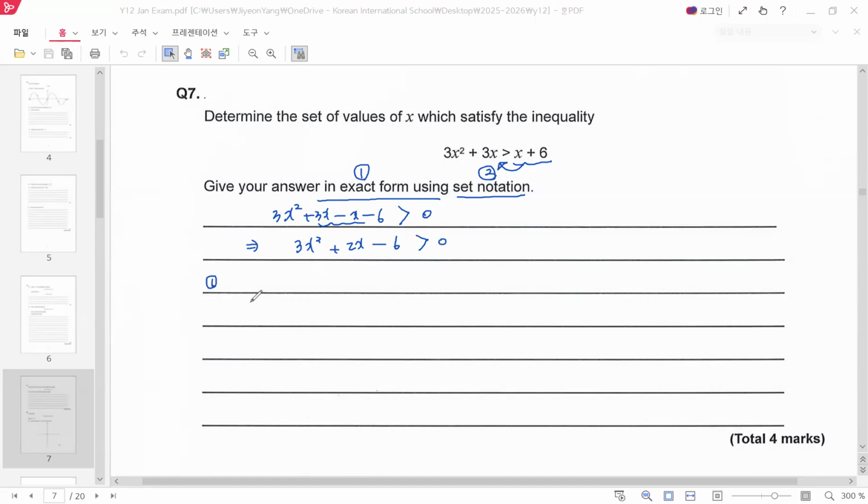Then firstly, you need to solve this equation, 3x squared plus 2x minus 6 equals 0. And by using your calculator, you can find the exact value of x as, what is that, plus minus square root, I think 19.